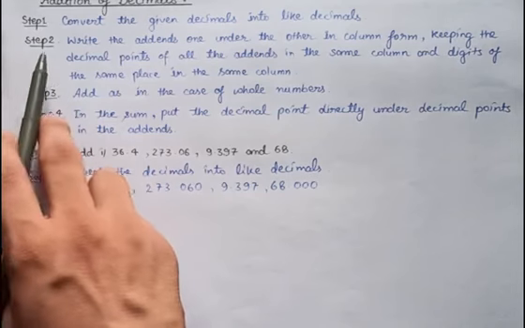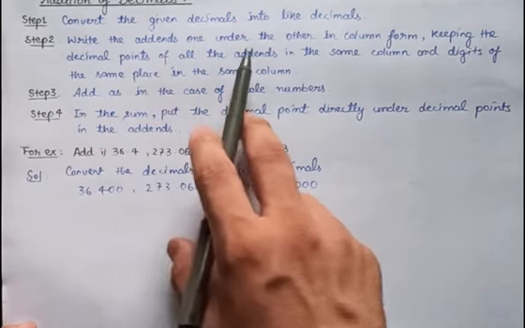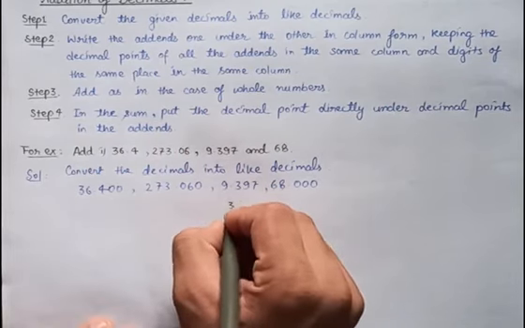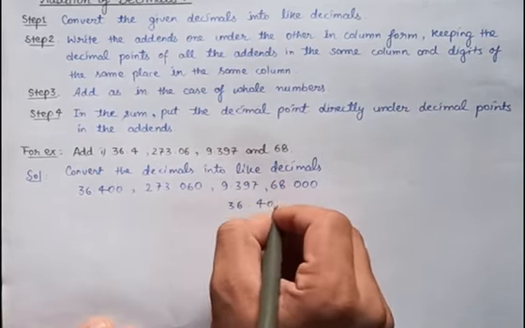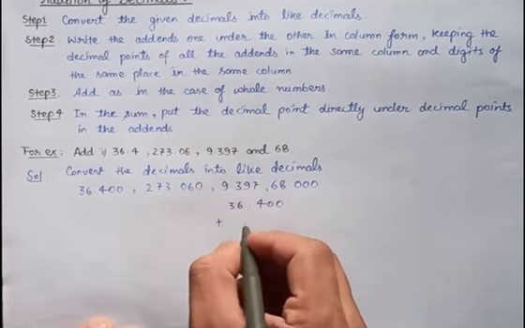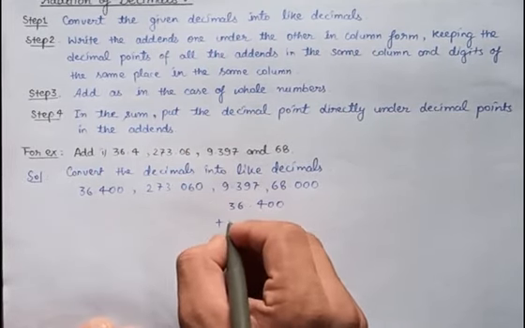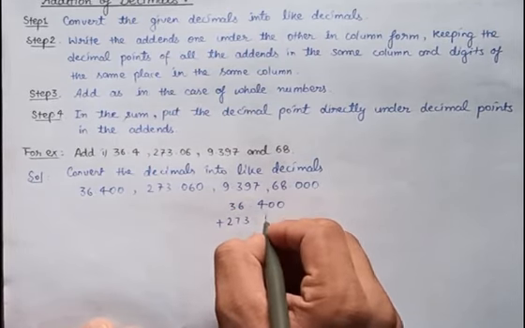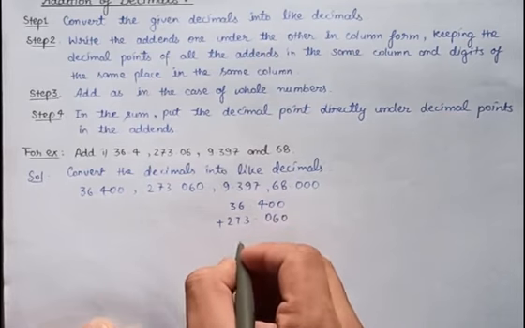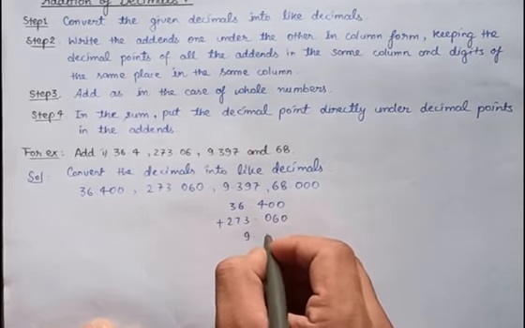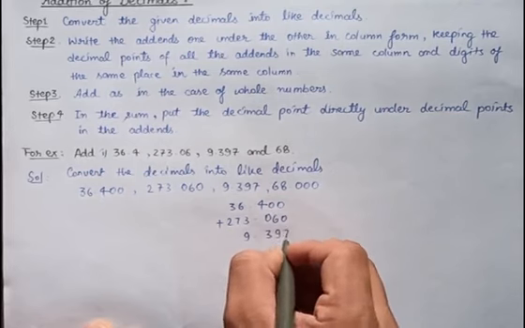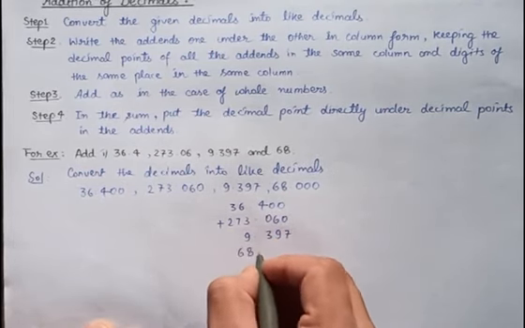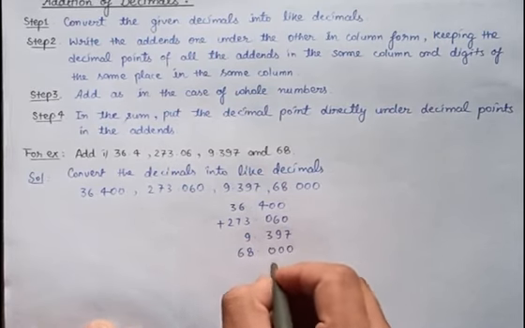Now we will move to step 2. In step 2 we have to arrange these in column form. So let us arrange. So we can write 36.400 plus 273.060, 9.397 and 68.000.